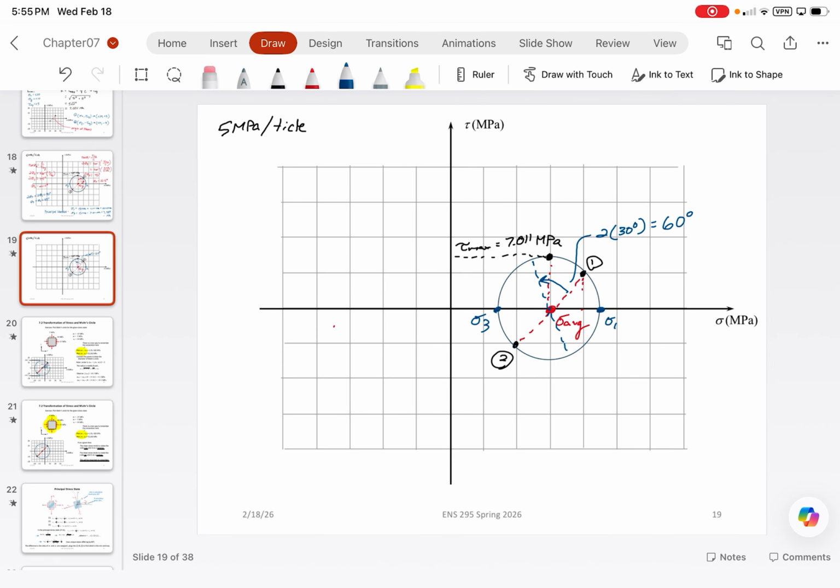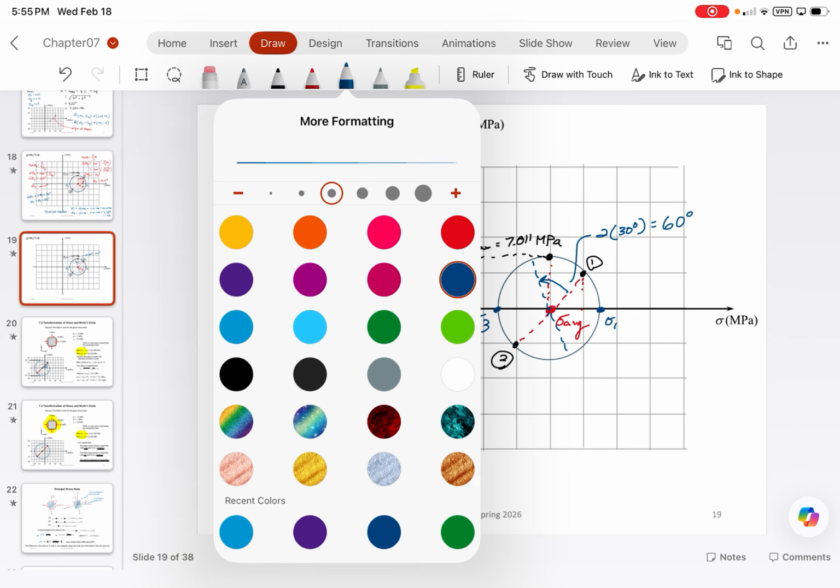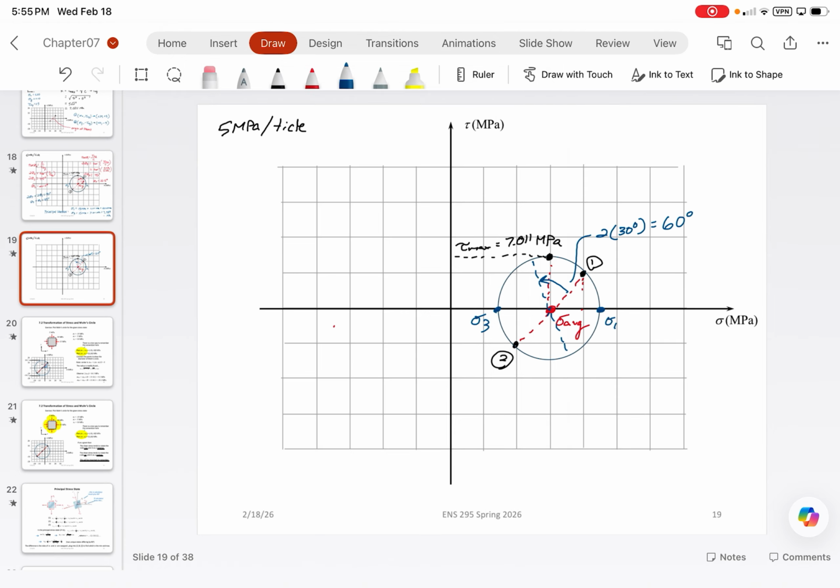And then from there, you can manipulate it in AutoCAD or do the math to figure it out algebraically. What you would find is that this value here would be sigma y prime, comma, tau xy prime negative, and this value up here would be sigma x prime, comma, tau x prime y prime.